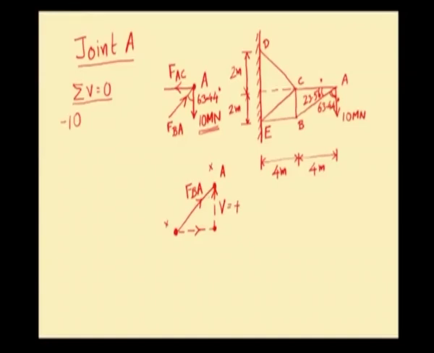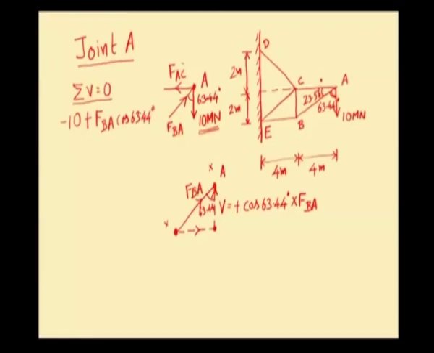Now, this particular angle is 63.44 degrees. So, with respect to this 63.44 degree, the vertical component of FBA is the adjacent side of the right angle triangle. So, the vertical component will be plus cos 63.44 degree into FBA. Already we have minus 10. So, plus FBA into cos of 63.44 degree.